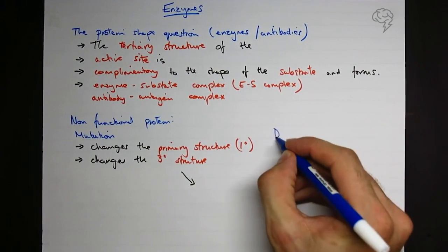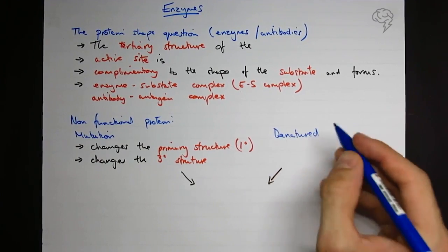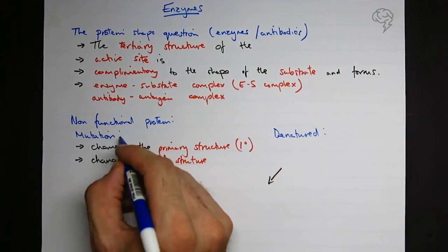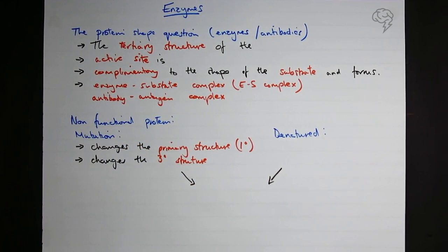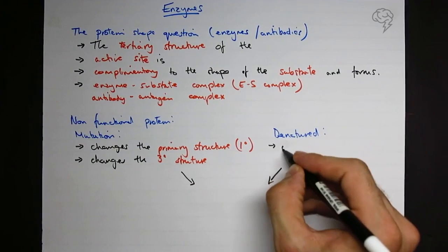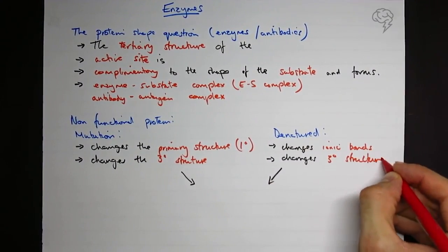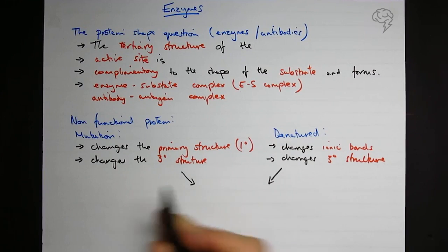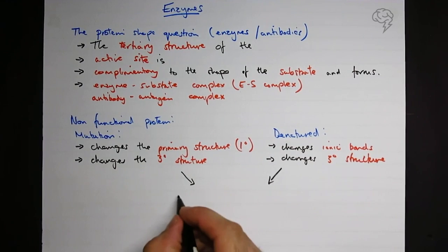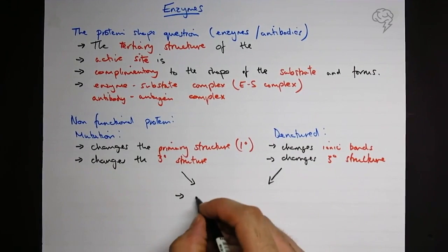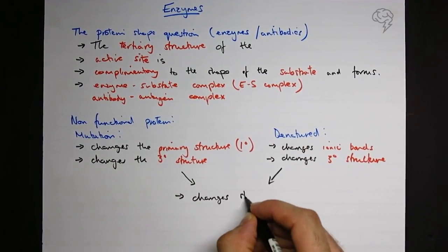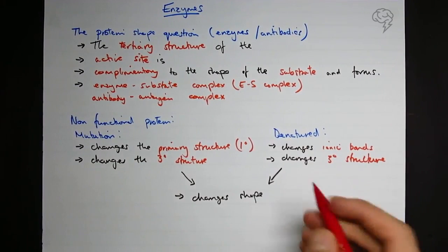So, if the enzyme is denatured, remember that's when the temperature causes the molecules to vibrate so much it changes the internal bonding. So this changes the ionic bonds, which changes the tertiary structure. Now both of these things have changed the tertiary structure, so we can continue the same for both of them. This changes the shape of the active site.